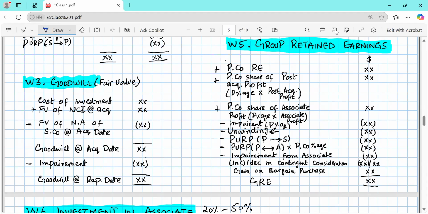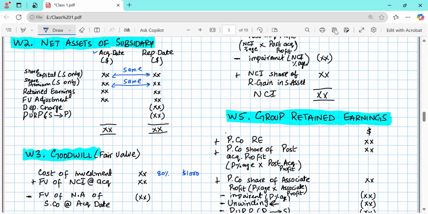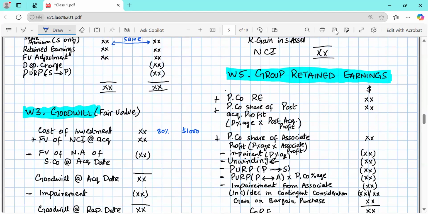Let's say, for example, you hold 80% of the subsidiary, and for that you have paid $1,000. Okay. So this is the first thing that you are going to write. Second thing is the fair value of NCI at acquisition. This is the acquisition date. Okay. So fair value of NCI basically.